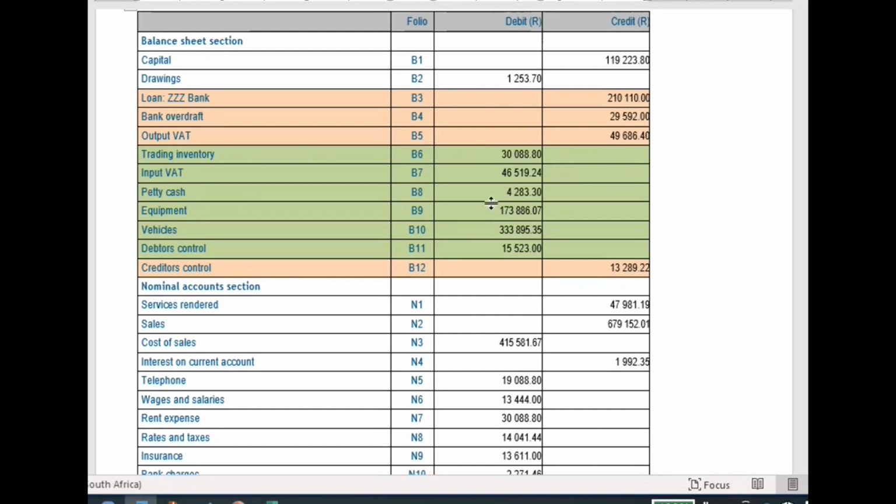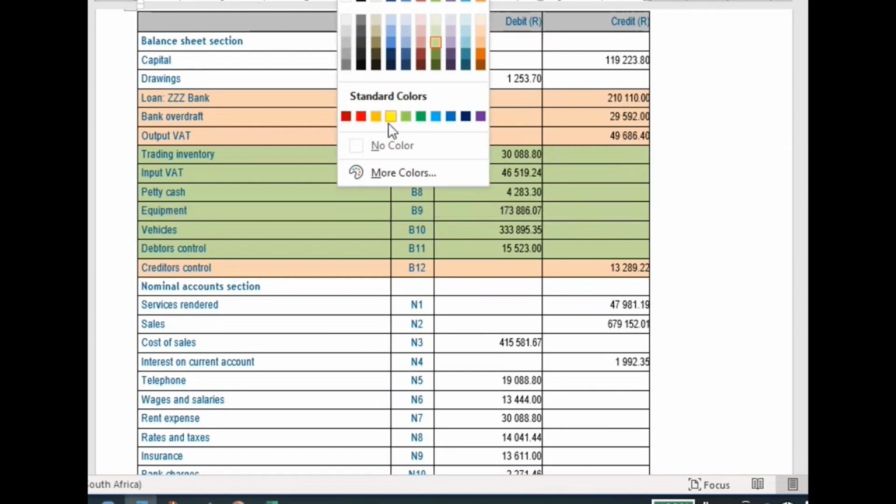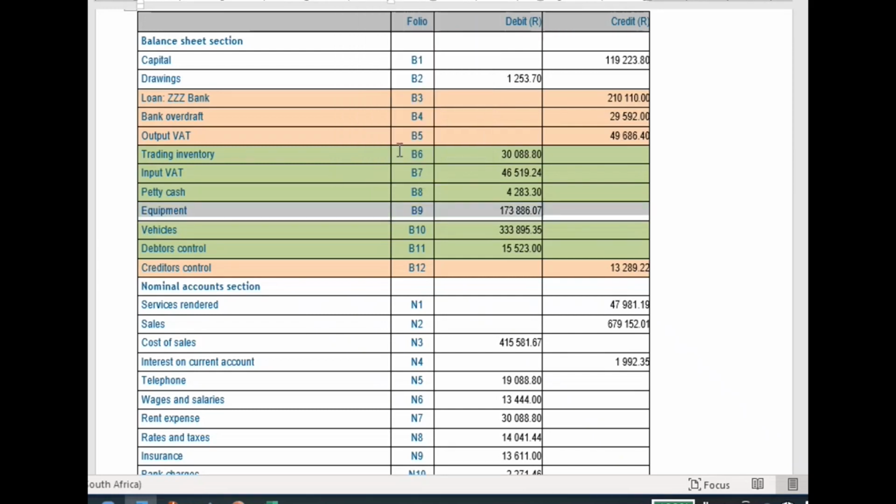Petty cash is current, so we leave it there. Equipment, oh no, wait. Equipment is actually non-current, so I am not going to use it when I calculate my net working capital. Same with vehicles. Goodness, vehicles is not current. Let's take that out. But debtors control, yes, that's current.